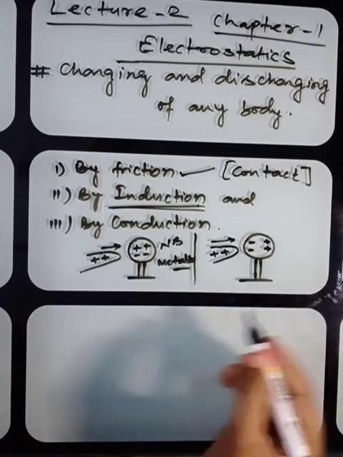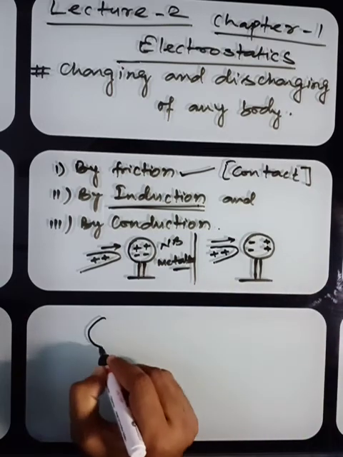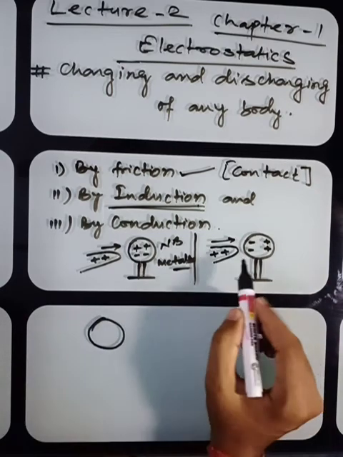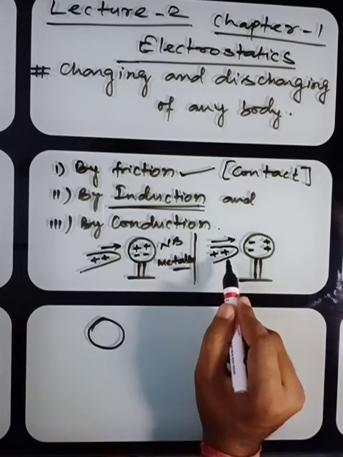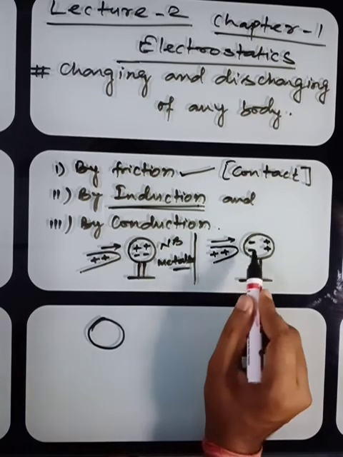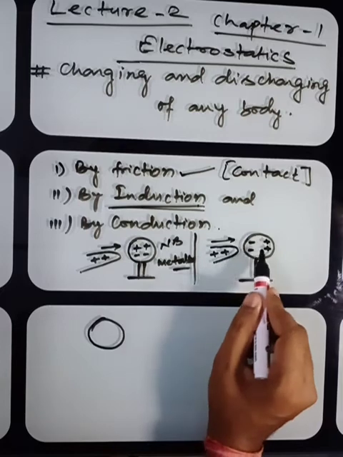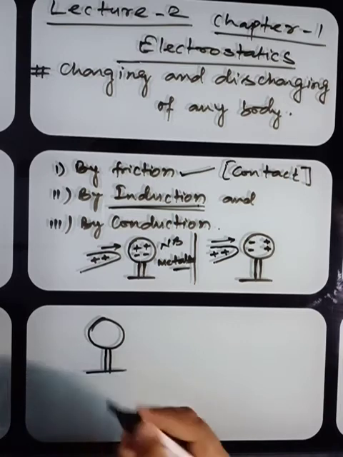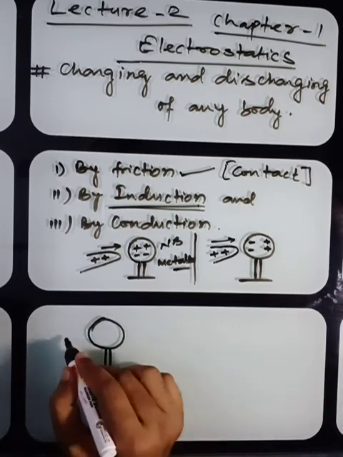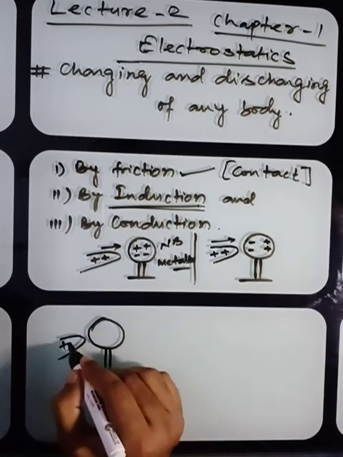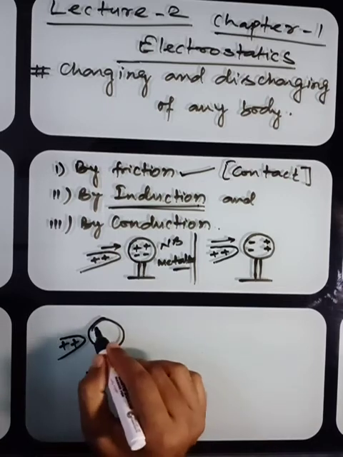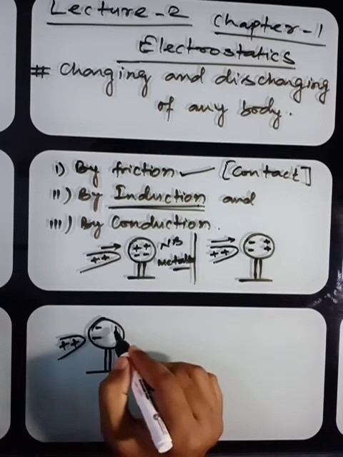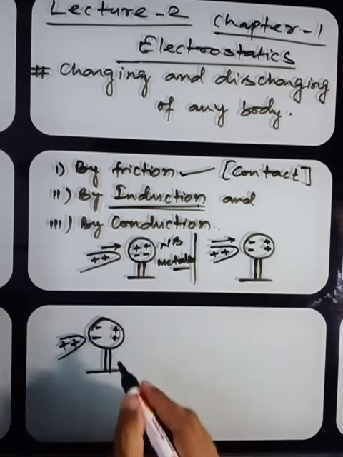Now in the next process, remember, you are not making any physical contact with this rod, with this spherical body. Now, if you keep this rod near the sphere, this side is negatively charged and this side is positively charged.